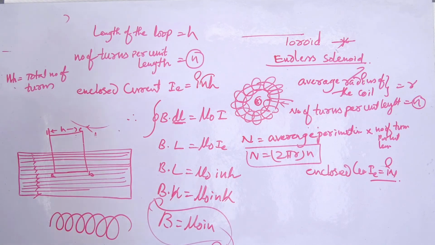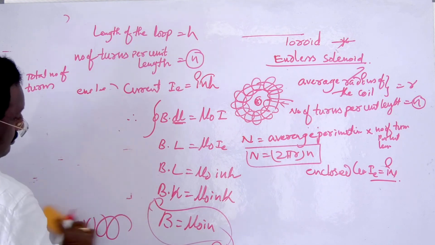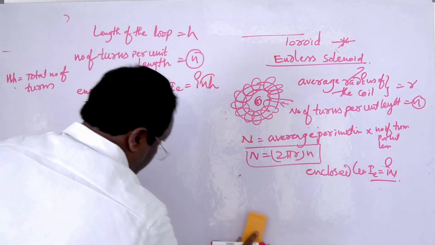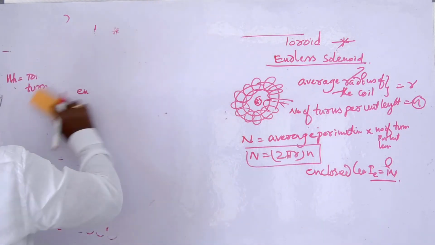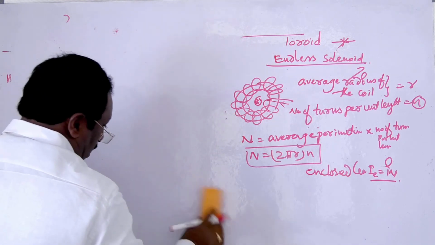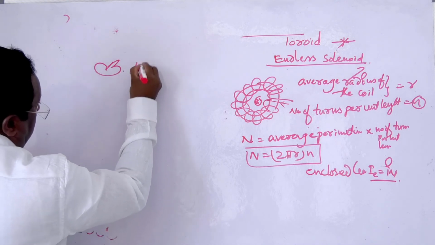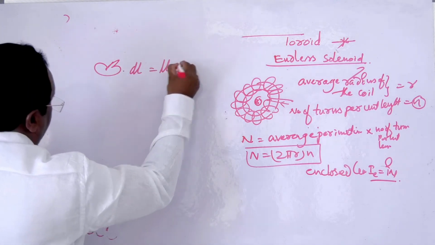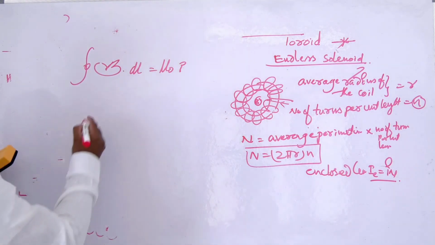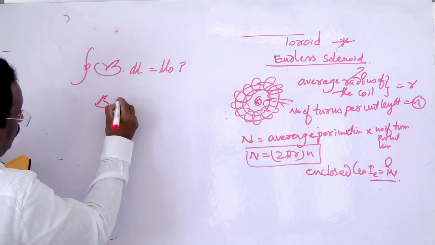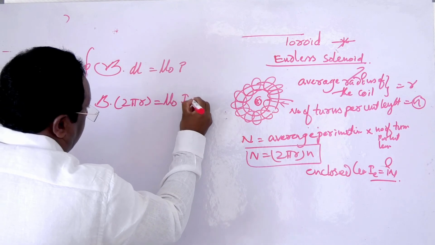So now, according to Ampere's law, the magnetic field produced in the toroid: B dl integration, that is B into 2 pi r, is equal to mu naught into the enclosed current.